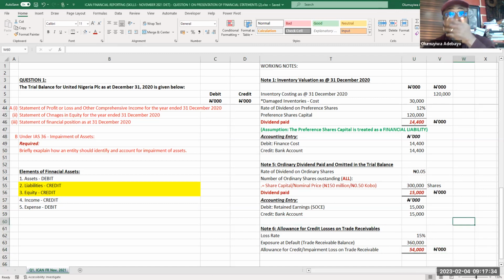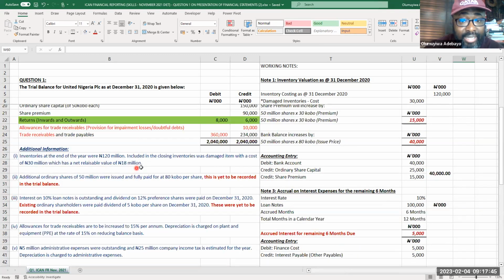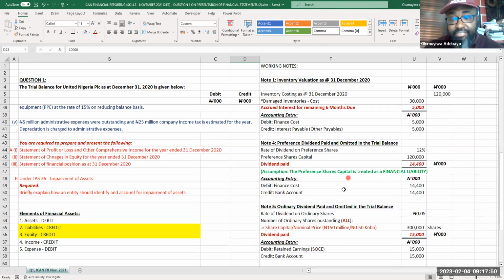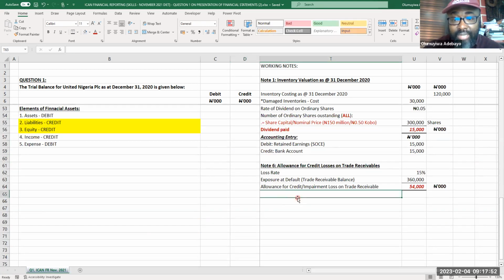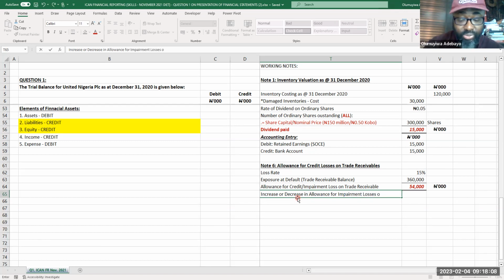Now, this 54 million, what do you do with it in that regard? Okay, this 54 million, we had an allowance before now of 10 million. Therefore, we'll now determine the increase or decrease in allowance for impairment losses.